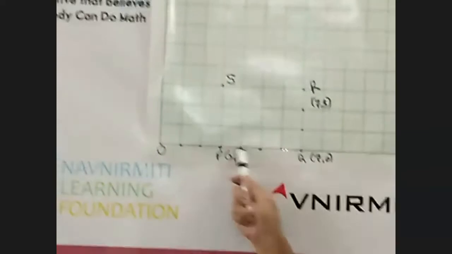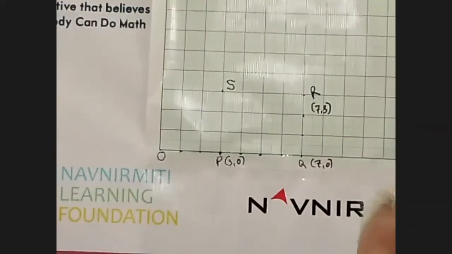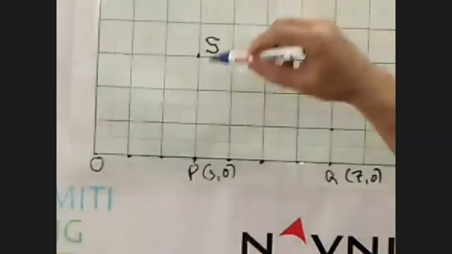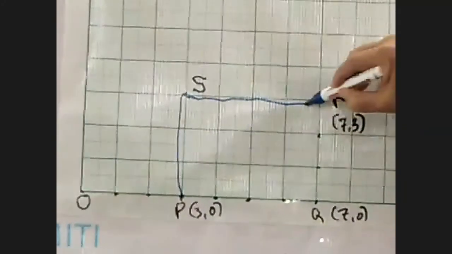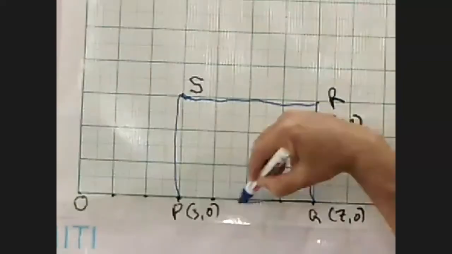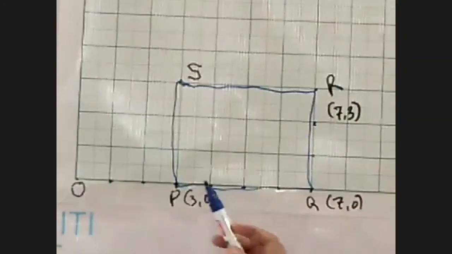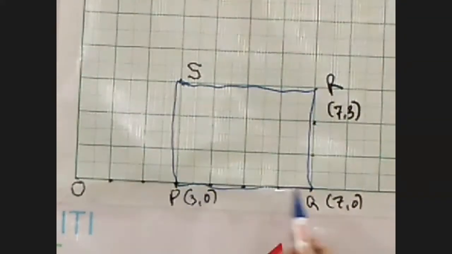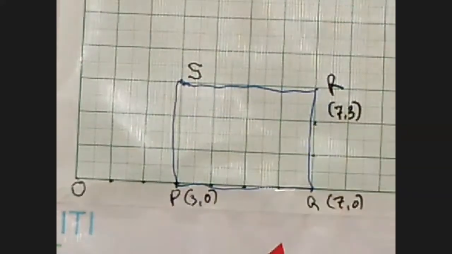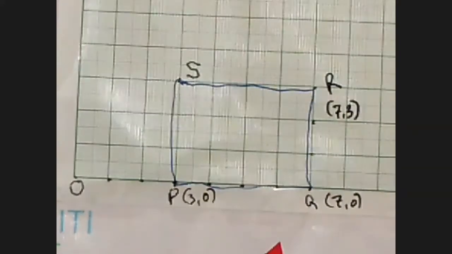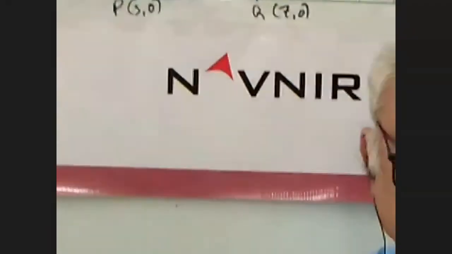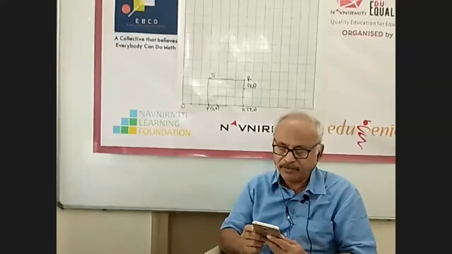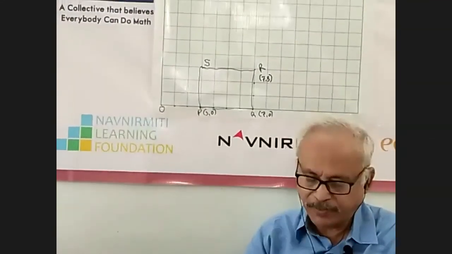What are the sides of this? 4 blocks and 3 blocks. This is 3 centimeters. This is 4 centimeters. So this is a rectangle, with sides 3 centimeters and 4 centimeters.